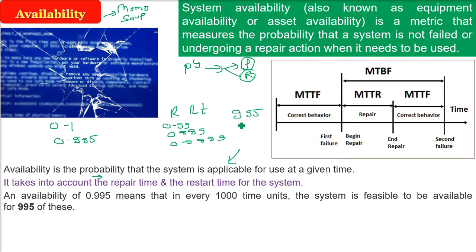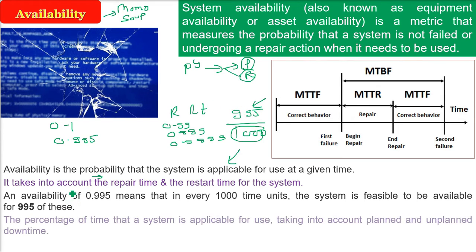So in every 1000 time units, the system is available 995 times. So the percentage of time that the system is available and applicable for use, we are taking into account both the planned and unplanned downtime, because sometimes the system goes to maintenance, so it is planned time. Sometimes it just goes down, it is unplanned.